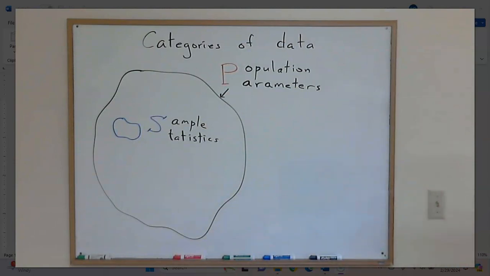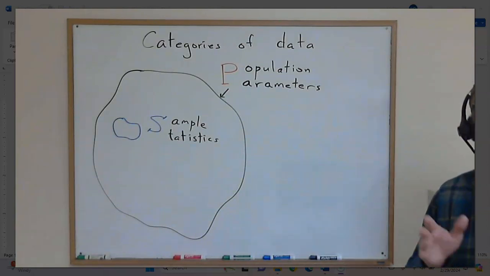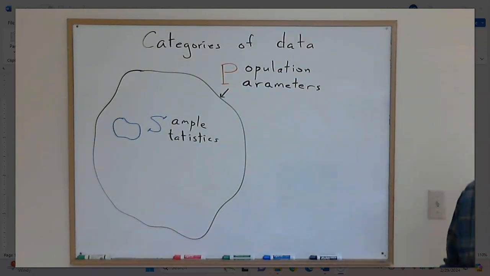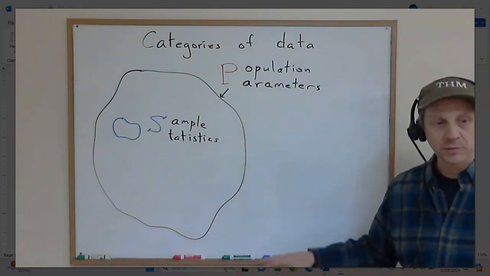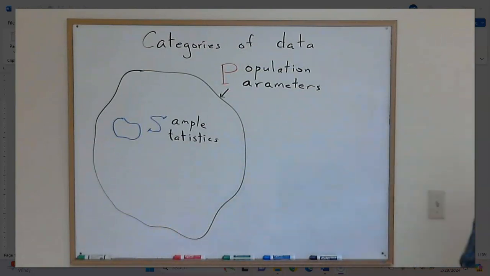A parameter, in any event, is some number that describes the population. The two most common and basic types of parameters or statistics that we'll learn in this class will be means and proportions. So let's talk about a mean, for example. Let's suppose that this population represents all blue scrub jays in North America. And we're interested in finding out how long their beaks are.